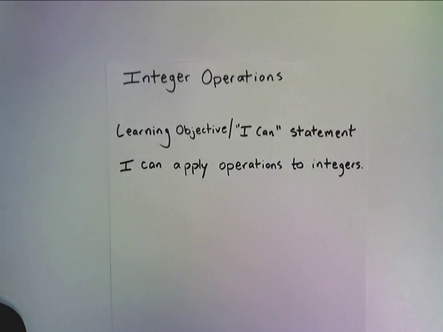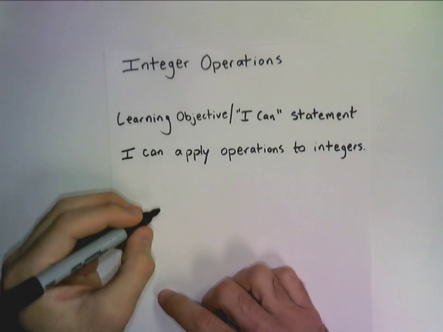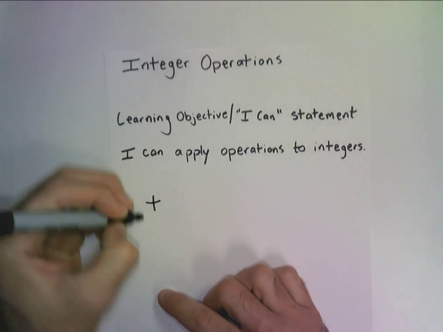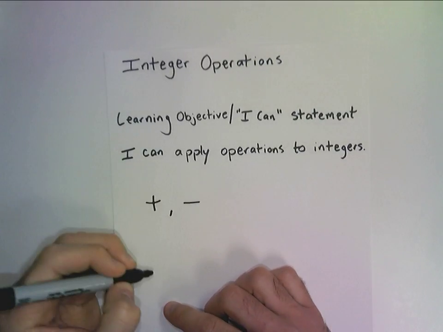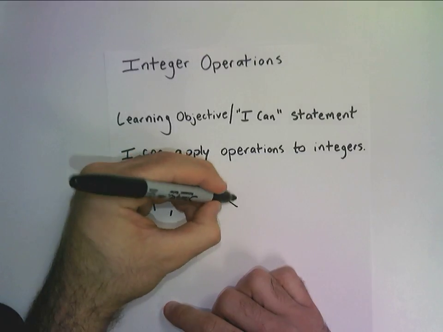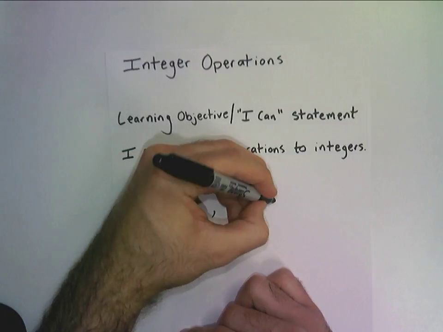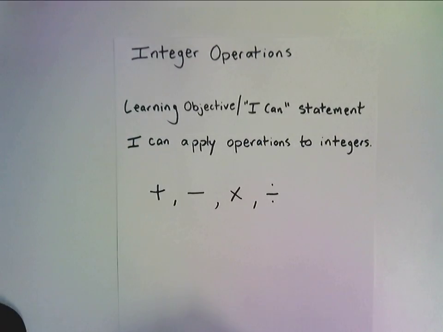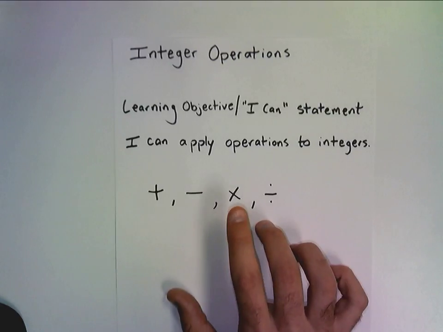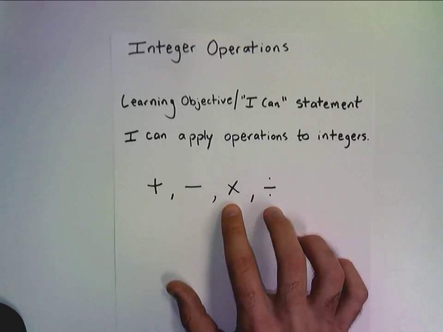So integer operations, what we'll be looking at is positive and negative numbers and the different operations that we can apply to them. Now keep in mind that our different operations are addition, subtraction, multiplication, and division. Typically from here on out we might not see the multiplication symbol or the division symbol.